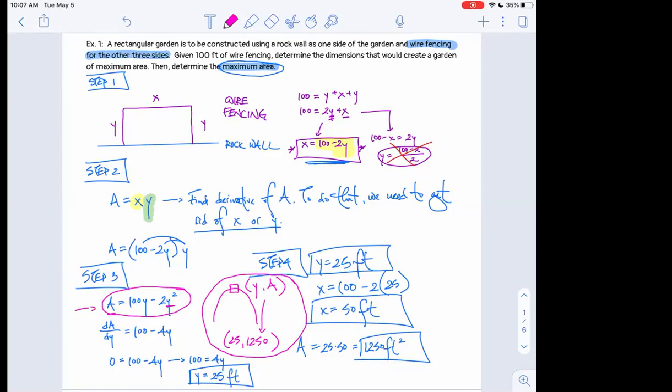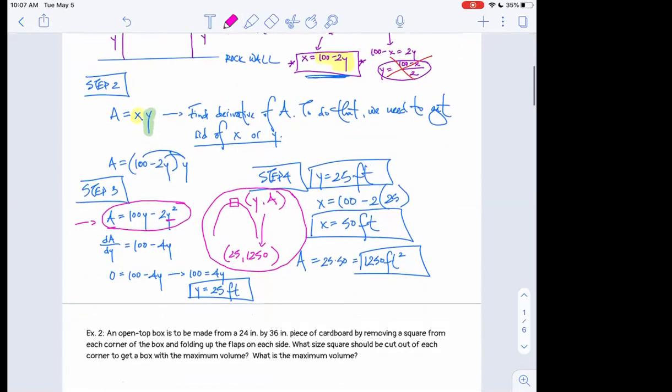Any questions so far on number 1? Okay, we're going to move on to example number 2.